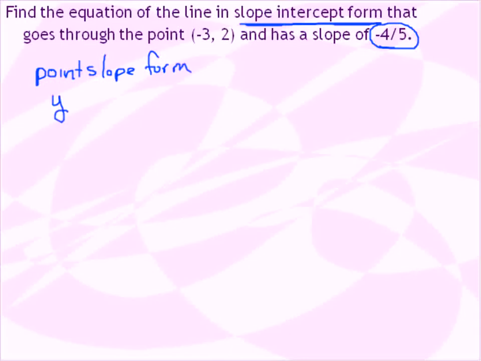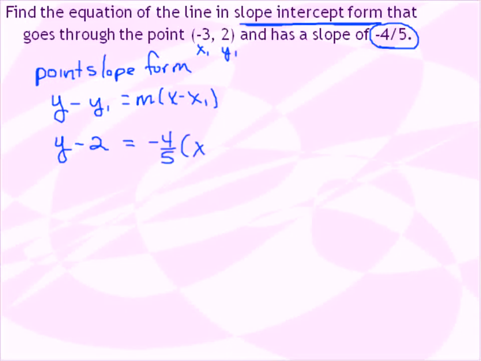So it'll be y minus y1 equal to m times x minus x1. So y minus y1, so we'll be putting a 2 in there for y1. The slope is -4/5, and x minus, now it's a -3, so be careful there. And I'm just going to rewrite that before we start transforming here.